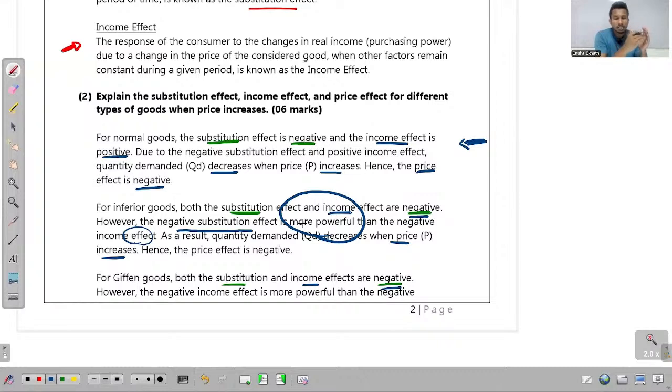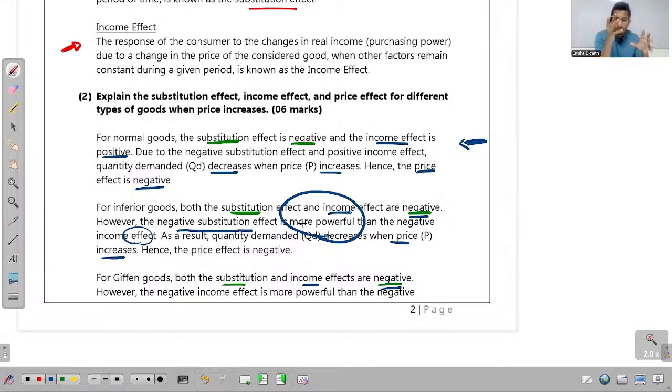Finally, quantity demanded decreases by a significant amount, so the price effect is negative for inferior goods. Similar to normal goods, when price increases, quantity demanded decreases.